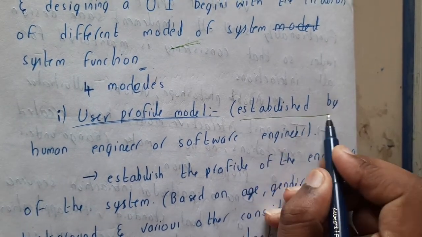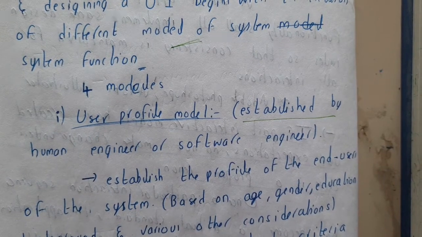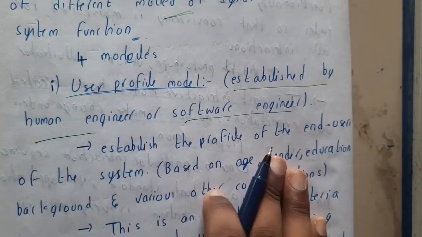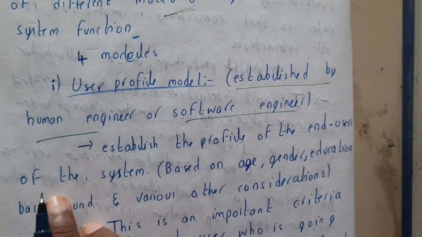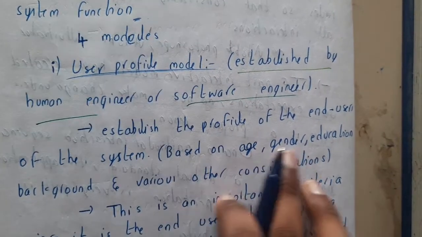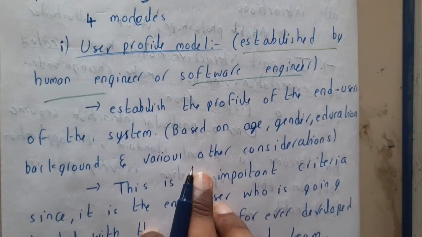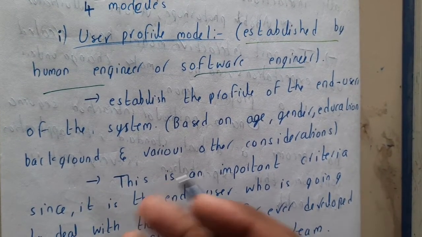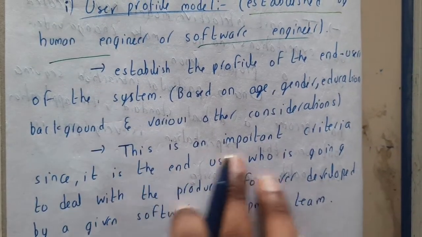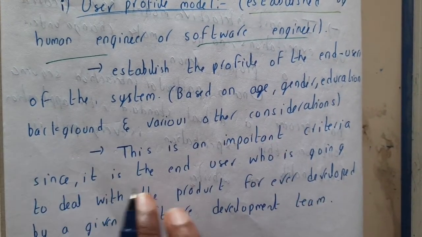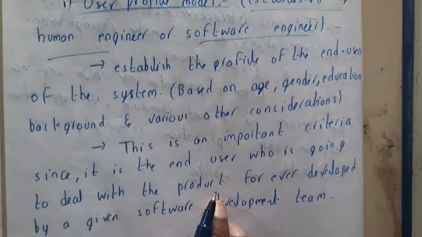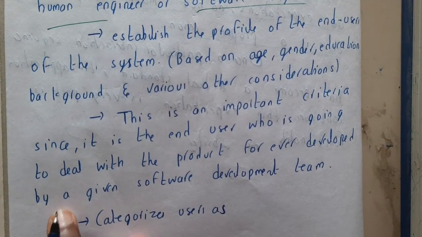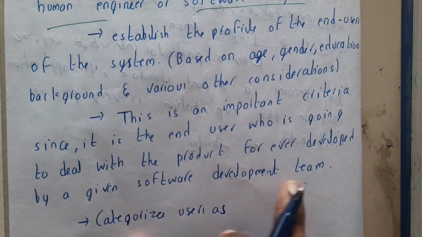It is established by a human or a software engineer. It establishes the profile of the end user of the system based on his age, gender, education, background, and various constraints. You will be collecting all those constraints and analyzing how he is interacting with it. This is an important criterion, since it is the end user who is going to deal with the product forever after the development or after the deployment by the given software development team.